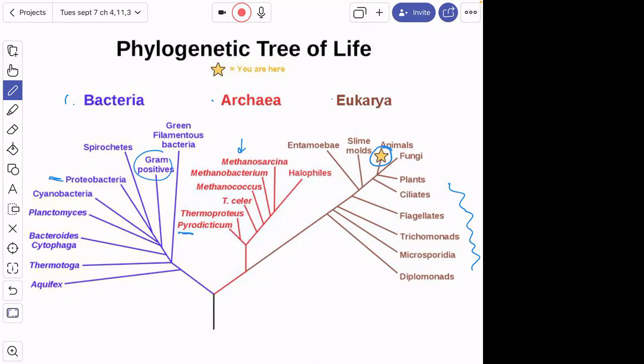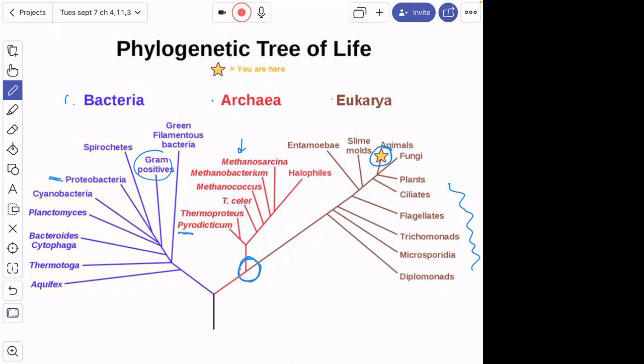Okay, so that's the phylogenetic tree of life. One of the really exciting or interesting things that he found when he looked at the common ancestry is that we share a closer common ancestor with the archaea.